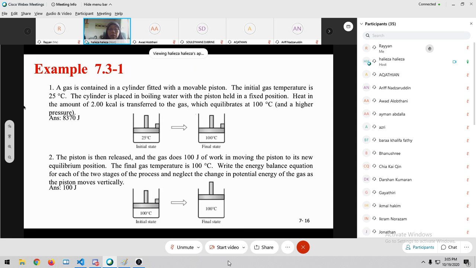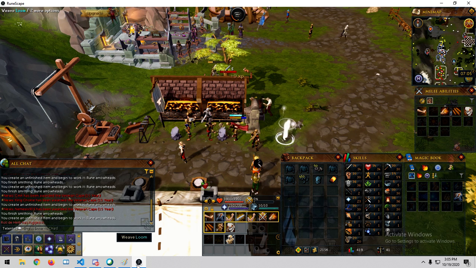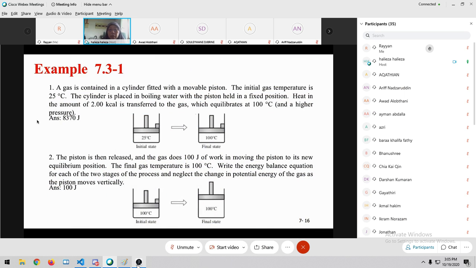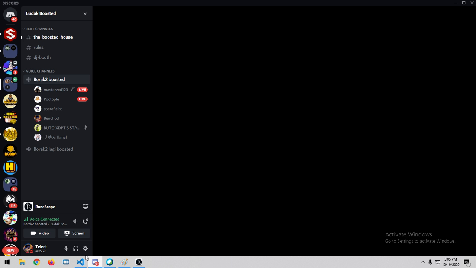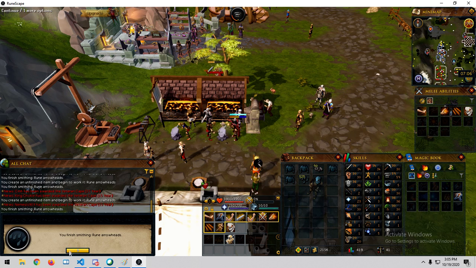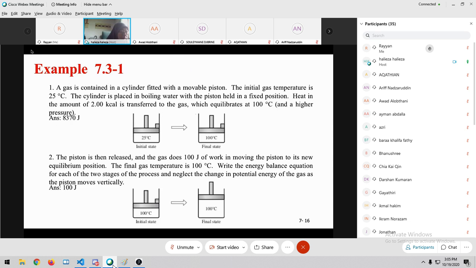Okay, have a look at this example. Over here, can you hear me, guys? Yes, doctor. Over here, you have a gas inside a cylinder. The cylinder is fitted with a piston that can move.